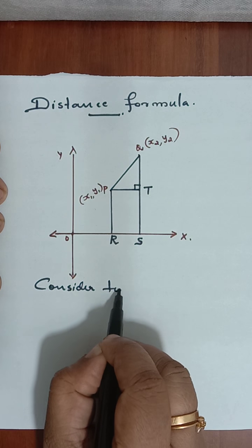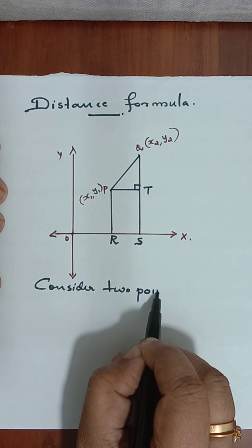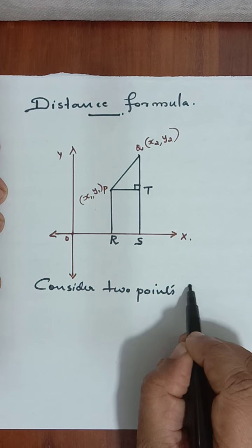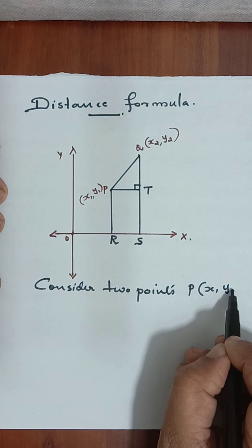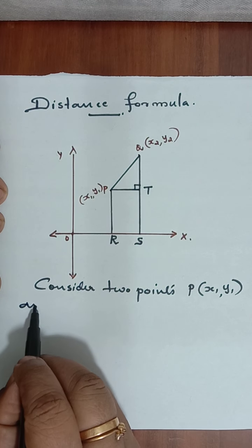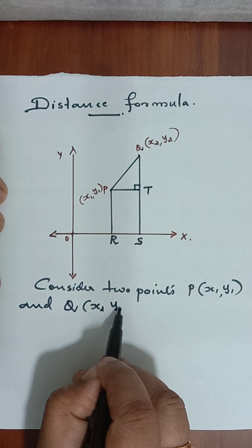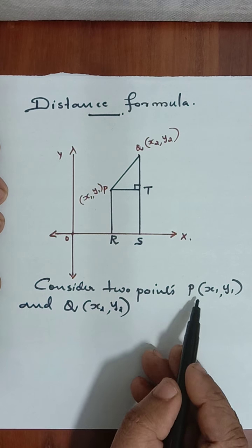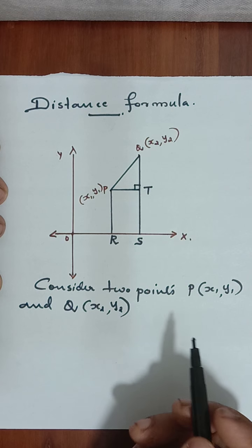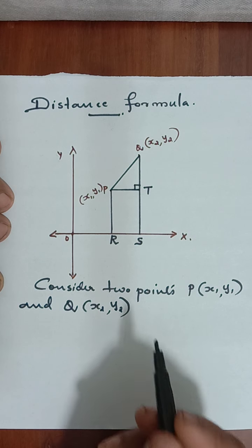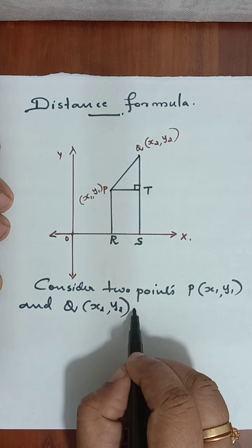Consider 2 points P(x1, y1) and Q(x2, y2). Always points in capital letters we will represent. So what have we drawn?